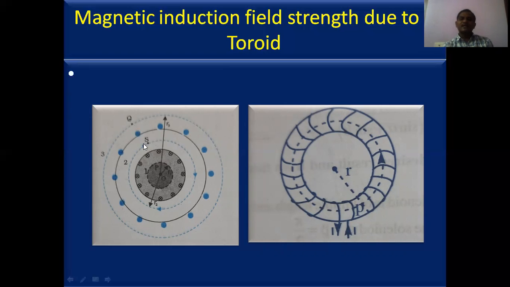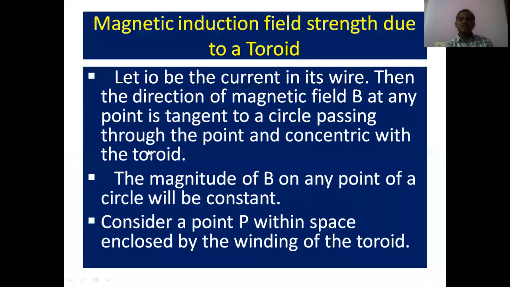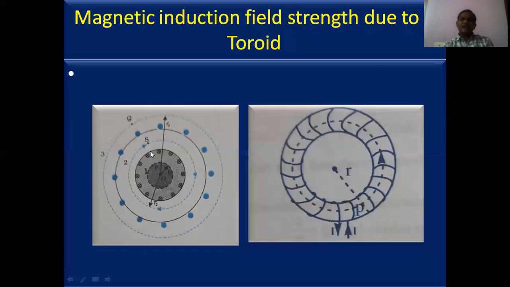So they get cancelled. Therefore, the magnetic induction field strength at the outside point is also 0. Hence, magnetic field strength exists only inside the toroid, that is, at any point on the dotted line. So to calculate the magnetic field strength at the point S, just imagine a circular path or closed loop which is passing through this point S, right?